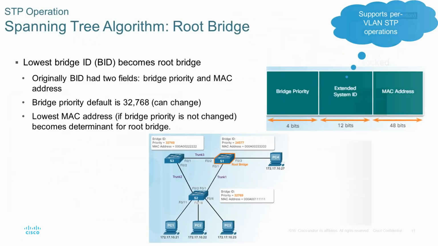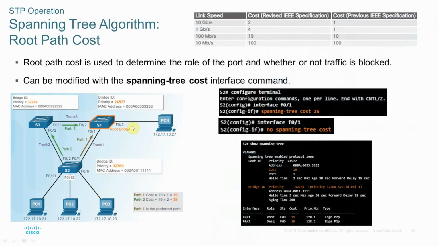Now based on the path cost, see switch 2, if you take this example, and if PC1 sends an Ethernet frame to PC4, because this is the root bridge, which path will be selected to reach PC4, this path or this path? Definitely one port will be the blocking port. So see, this is 19, this is 19, so how much does it become? 38.